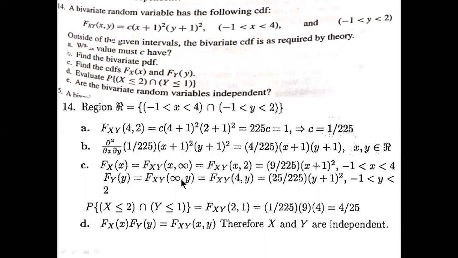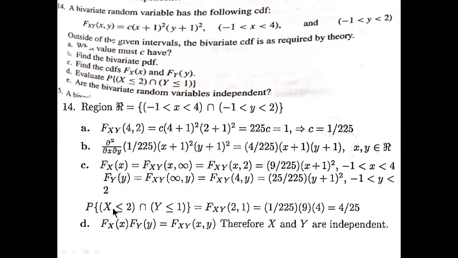Similarly, f_Y(y) will be F(infinity, y), and again we can't write infinity over here because the upper limit for x is 4. Substituting 4 for x, you'll get 4 plus 1 square, that is 25. So 25 by 225 into (y plus 1) square within the range -1 less than y less than 2.